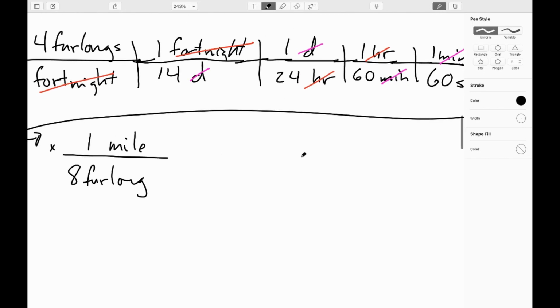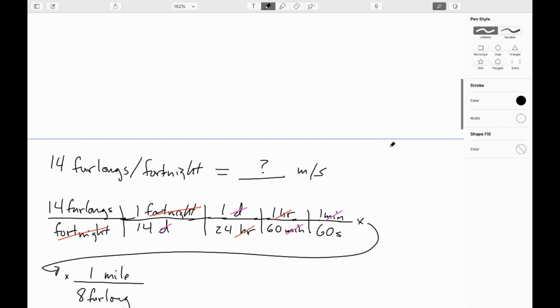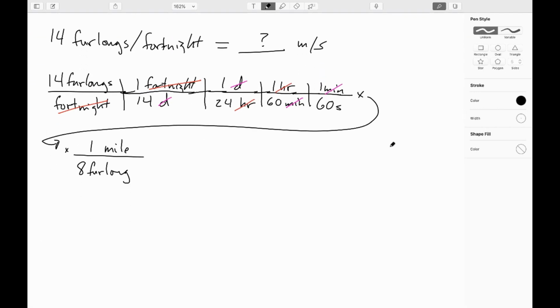Now that seems to be heading away from where we want to go. But when I say heading toward or away from where you want to go, I mean as in being able to look things up. So there's 8 furlongs in a mile. Okay, good. So the furlongs cancel.